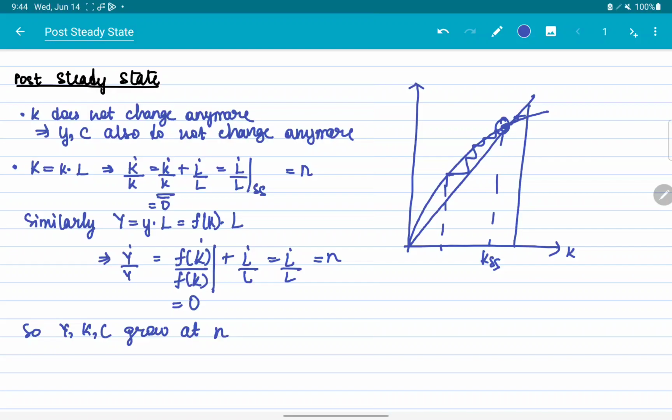So aggregate output, aggregate capital, aggregate consumption are still growing, and they'll continue to grow forever. But they are driven by population growth. All this increase in aggregate output is being met one-to-one by the increase in population, which is why living standards are not increasing.